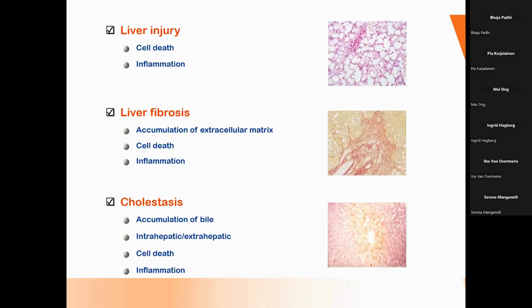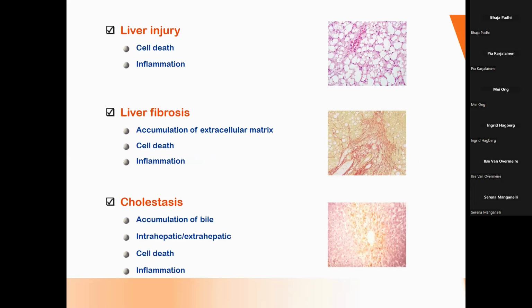So indeed, different liver injury types are actually known, which can be characterized by different, let's say, clinical chemistry parameters, but also different histopathological patterns, and this is what you're looking at. But what they all share, what they all have in common, is a certain degree of cell death and inflammation.